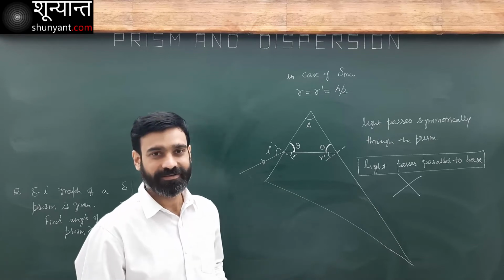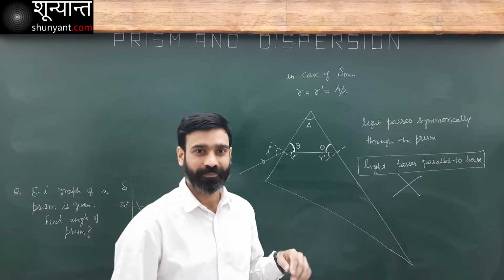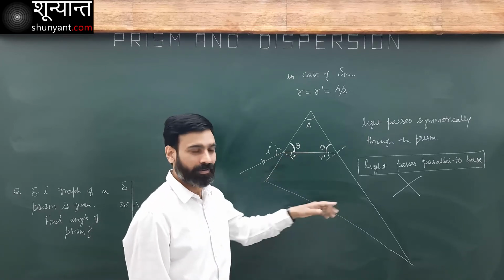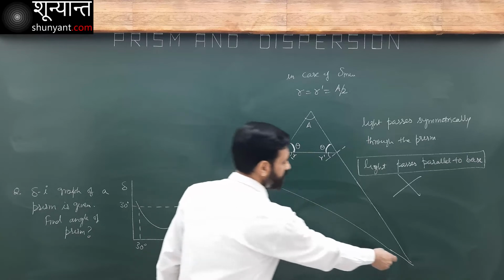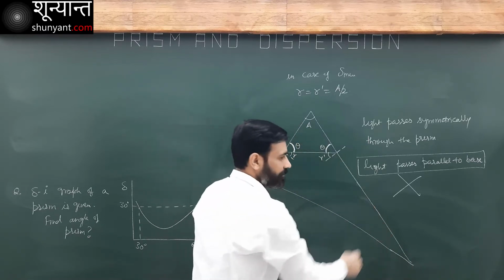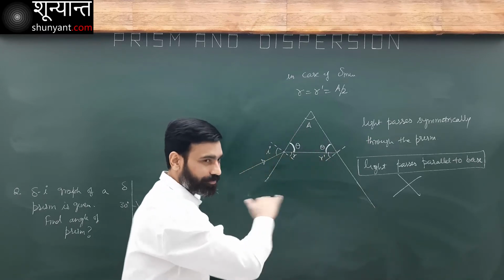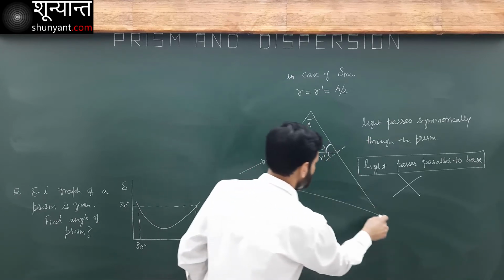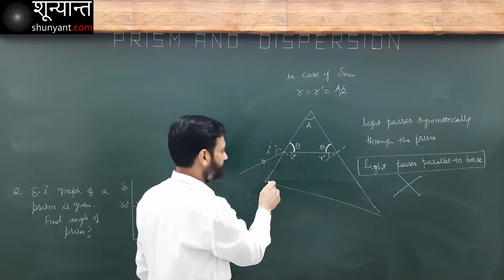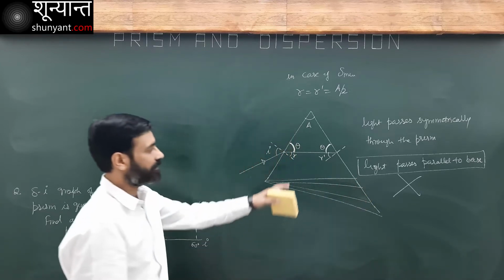Light has brains, in its own way, but do you think that light is going to know? Or if I start with this prism, and keep on changing the base, do you think that this light will keep on changing? Will it be parallel to the base? This actually is a garbage statement.